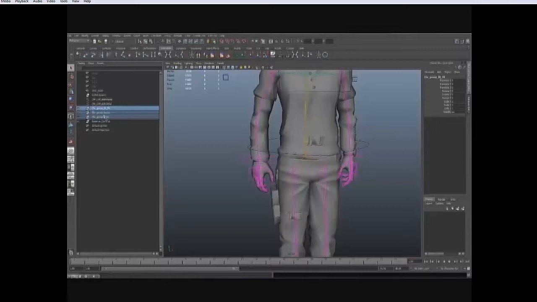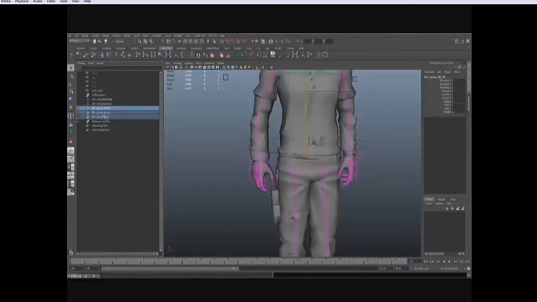The reason I say this is because in order for me to translate, rotate, and scale without harming the rig, everything had to be set up first in its own groups. What I mean by groups is bones go in their own group, IKs, and then the controllers and anything else.